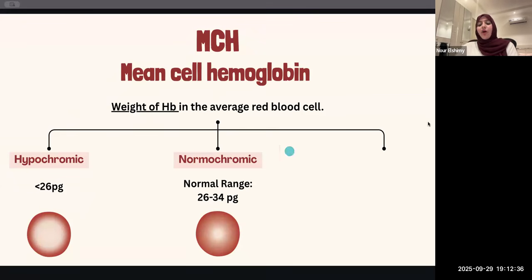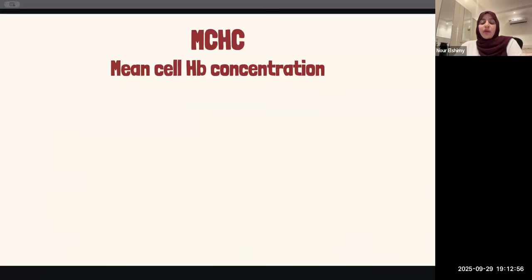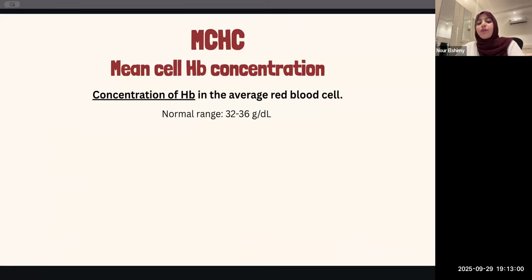So we cannot have hyperchromic because the average red blood cell has a limited capacity of hemoglobin. If it exceeds this amount, or this weight of hemoglobin, it bursts. And that's why there's no such thing as hyperchromic. Now, MCHC tells us about the concentration of hemoglobin in the average red blood cell.